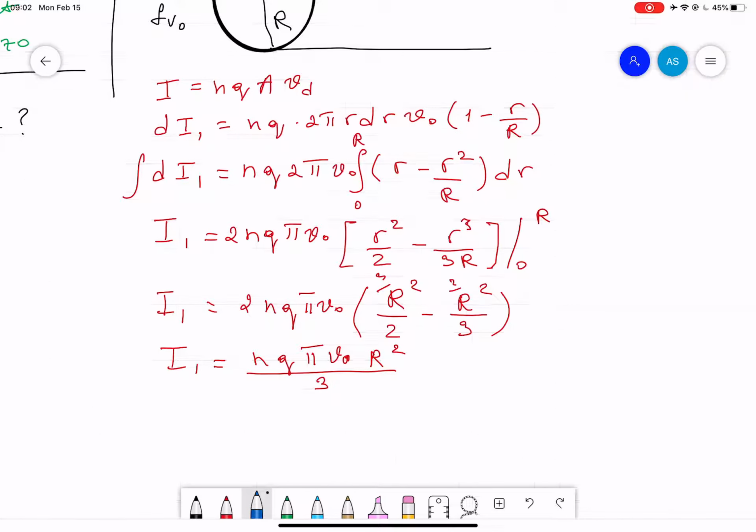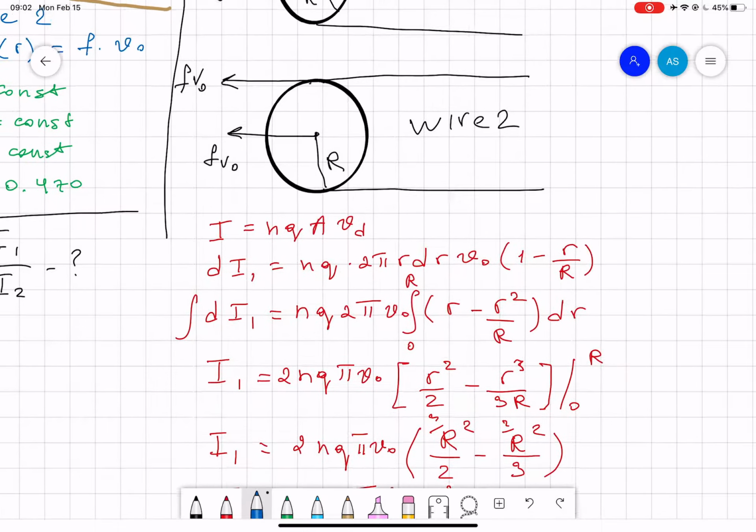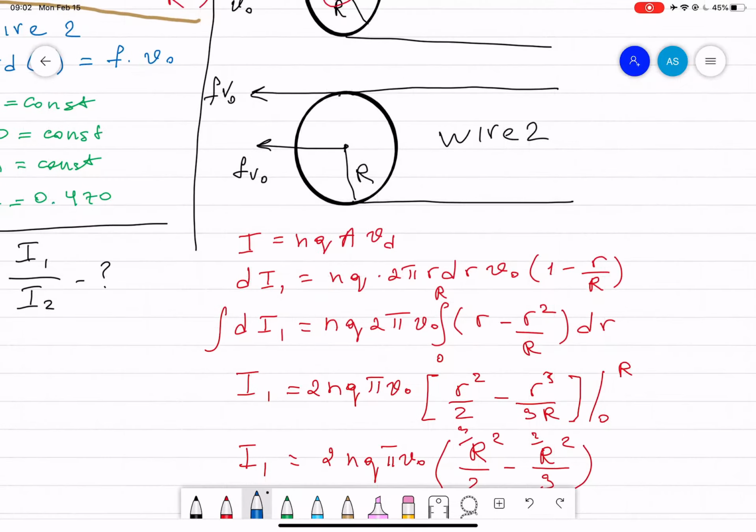Now let's find the current 2. We know that the drift velocity is constant across wire 2. So in that case, current 2 is equal to, let's write down, nq. Now what will be the area? The area of this will be pi r squared.